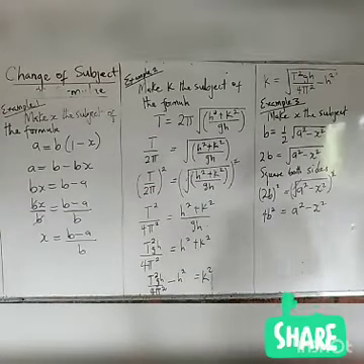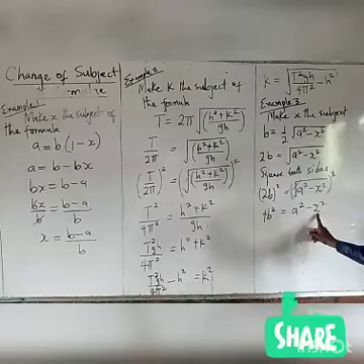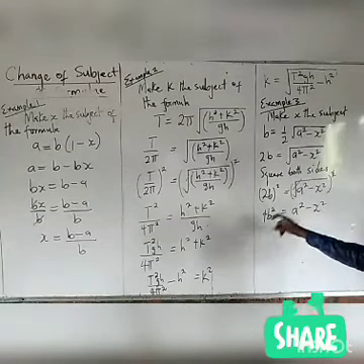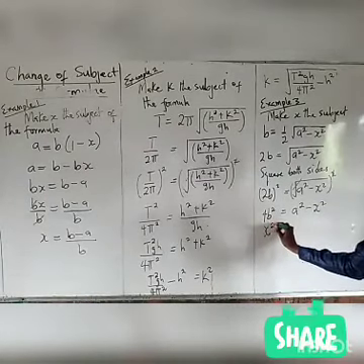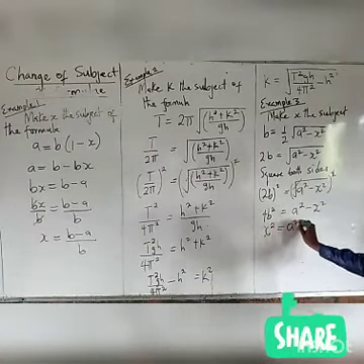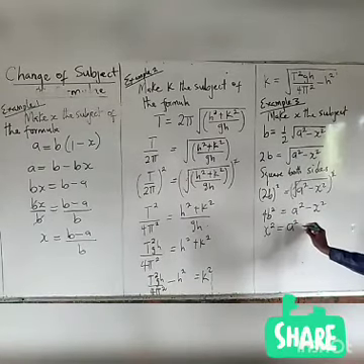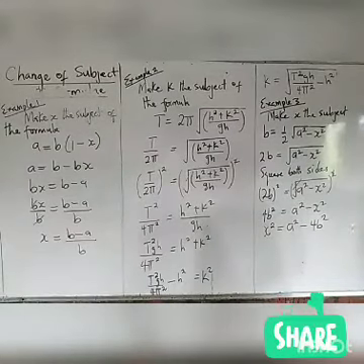Now if you look at the x that you want to make the subject, it's having a negative sign here. So to avoid the negative, we are going to be taking this minus x squared to the other side. So that will give us x squared equals a squared, that is already here before, then this one is coming over to this side, minus 4b squared. Yes, you can see we are already there now.